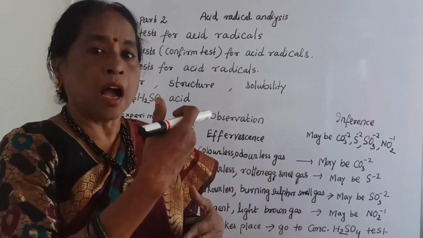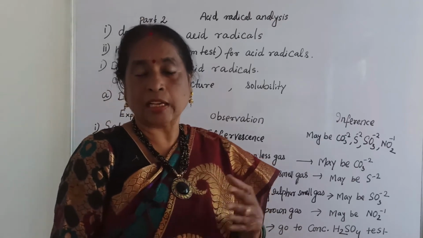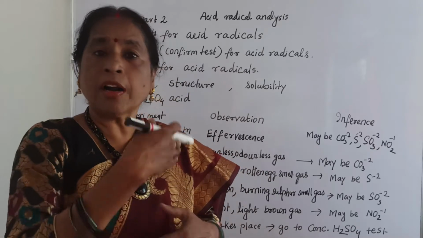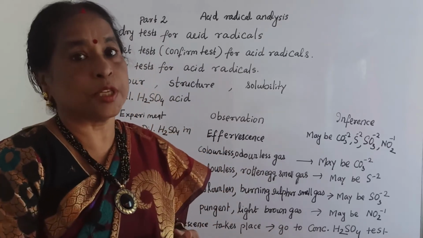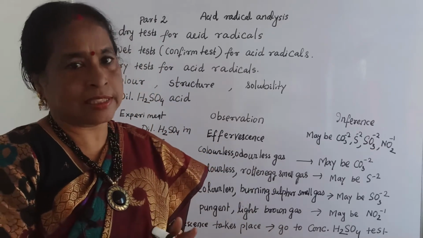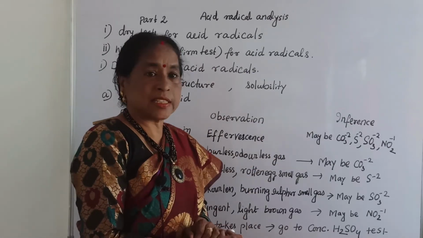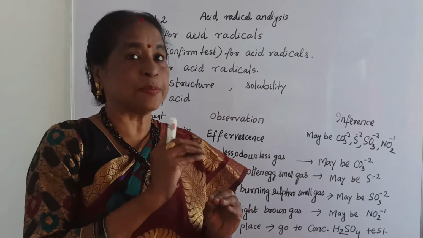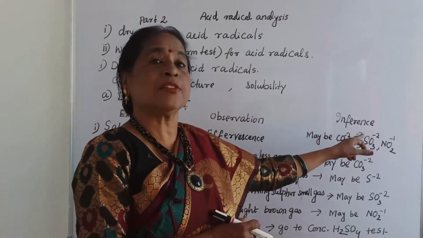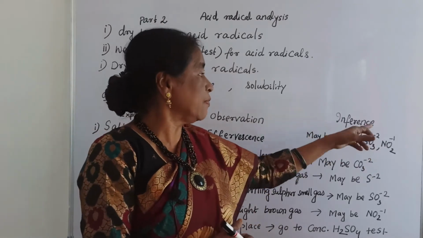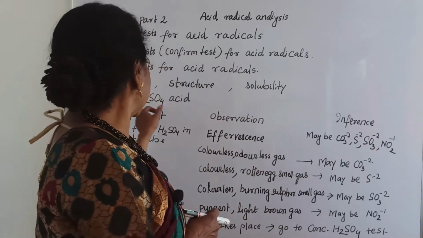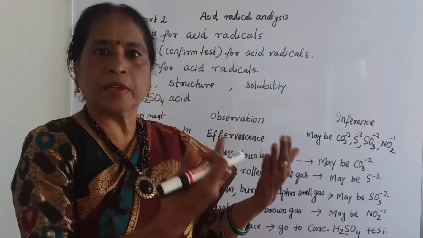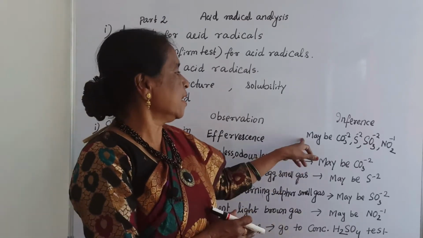That means some colorless, odorless gas, or colorful gas, or any pungent smell gas, you should observe what that effervescence is. Now inference: if effervescence takes place, you can say that the dilute sulfuric acid group, the first level group, is present here.